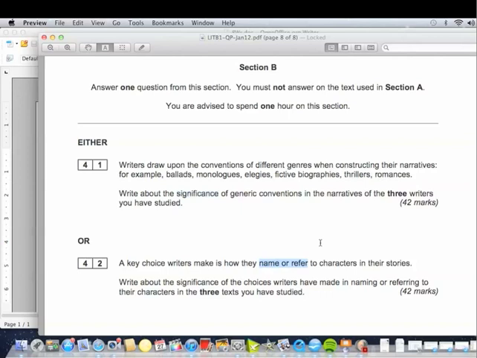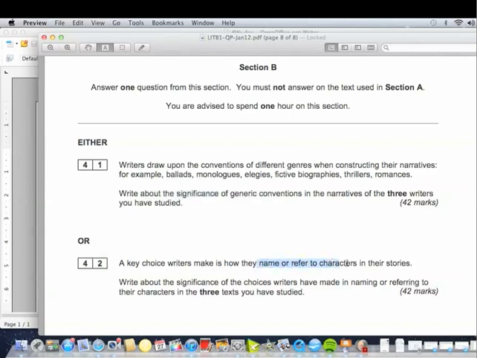A key choice writers make is how they name or refer to characters in their stories. Write about the significance of the choices writers have made in naming or referring to their characters in the 3 texts you have studied. So the first thing I would do is highlight the aspect of narrative. And here it's the naming or referring to characters.